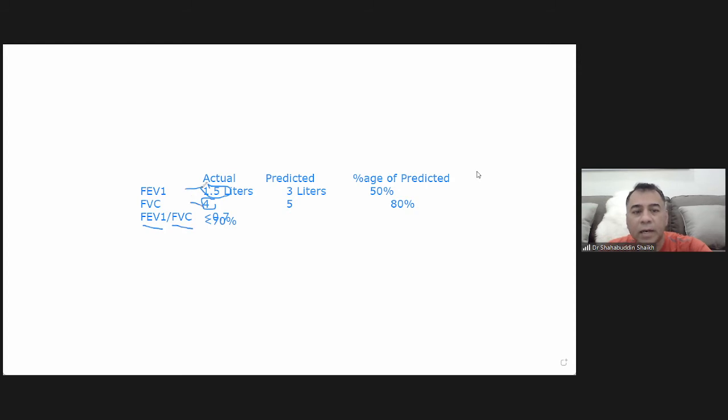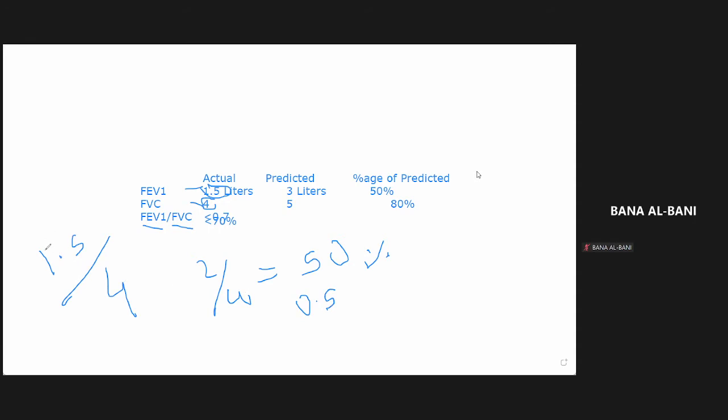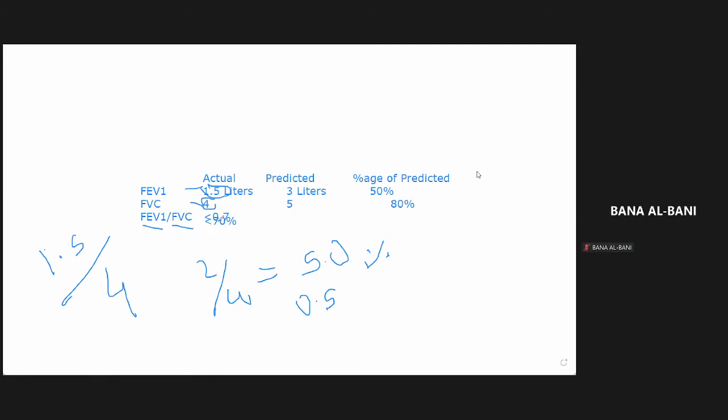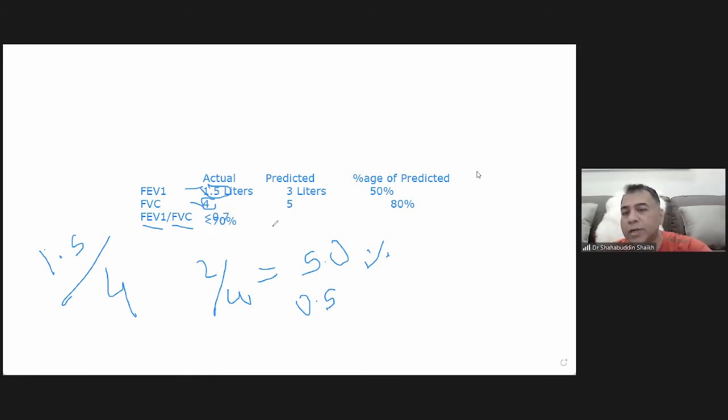So 1.5 out of 4. If 2 out of 4 is 50%, meaning 0.5, and this number is less than 2, then it is less than 50%, right? Our answer requires only whether it is less than 0.7 or not. That is all we want to know.